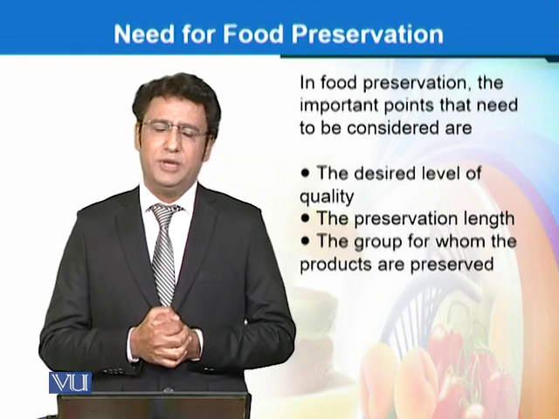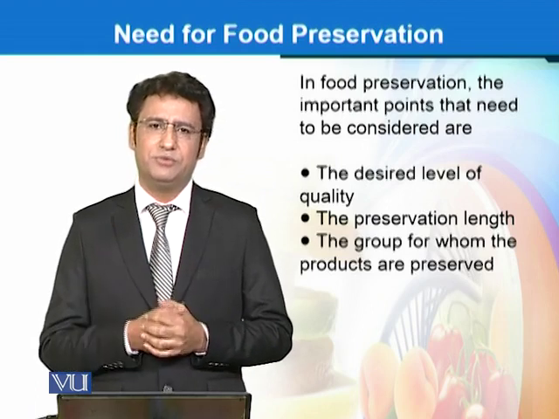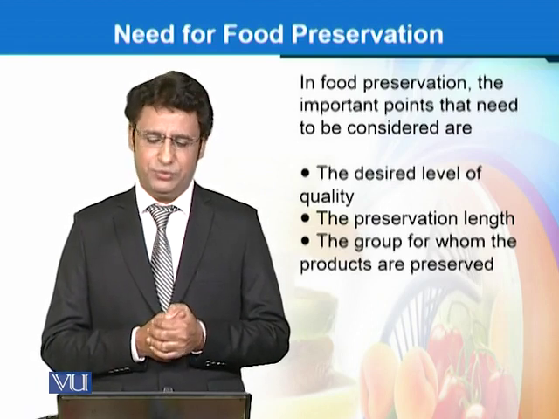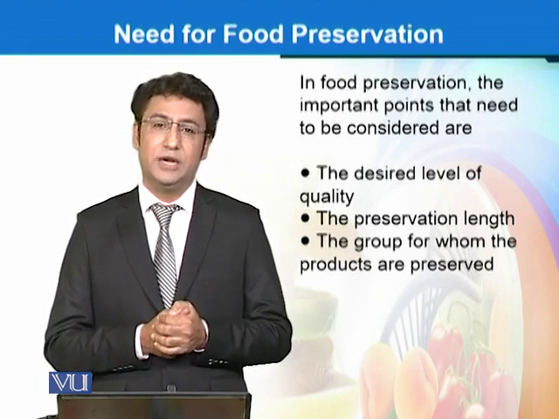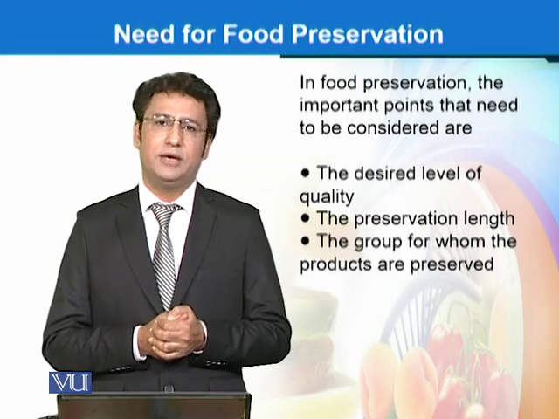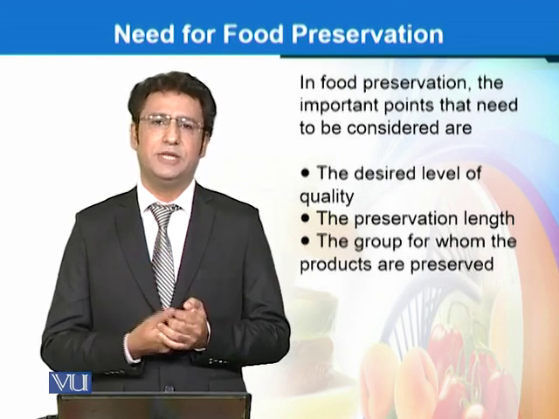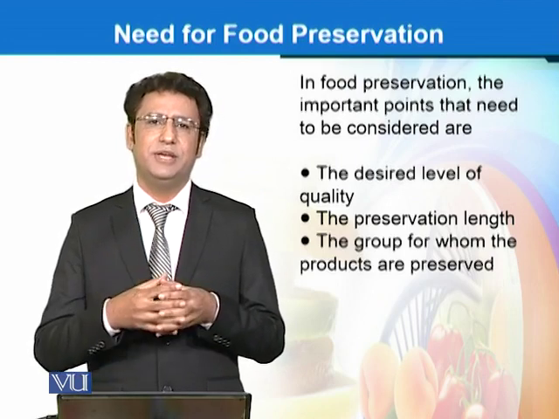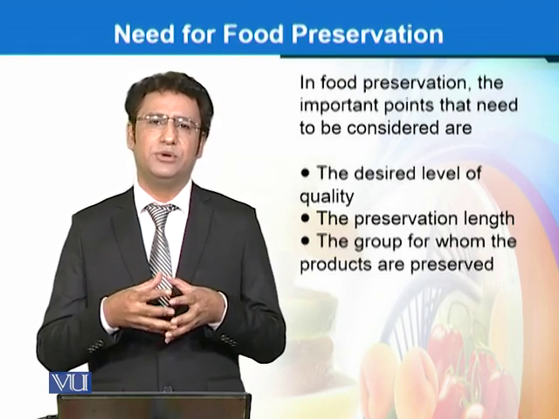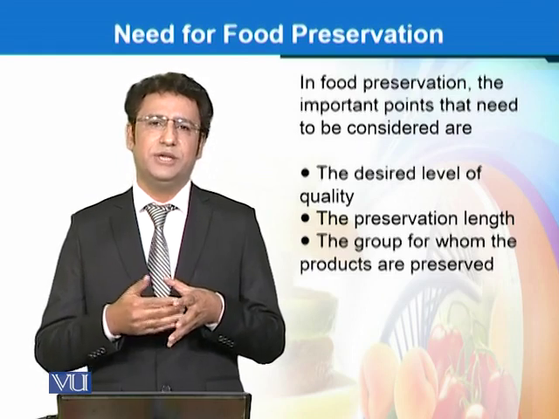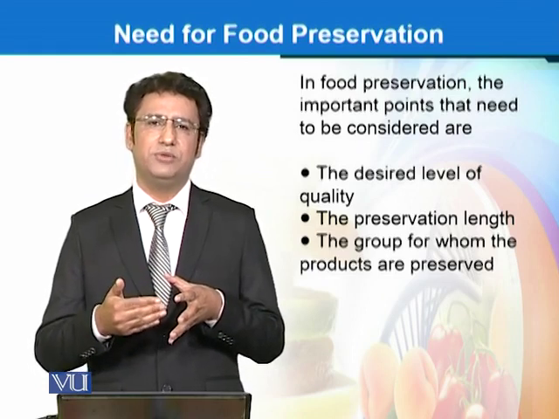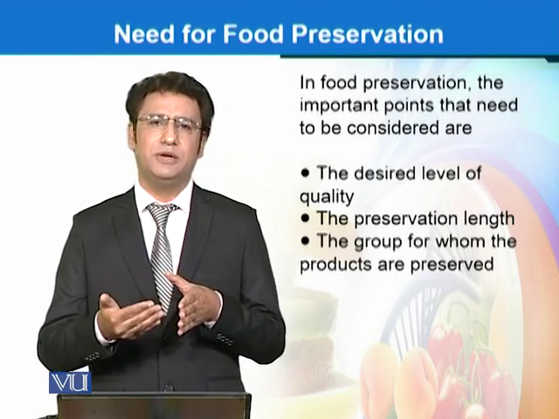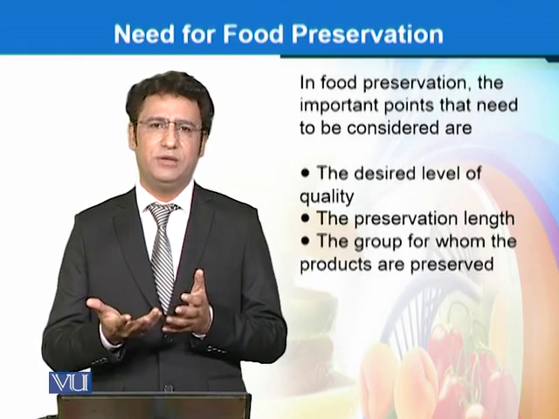Normally, in food preservation there are three factors that we look at. We look at the desired level of quality of food. It is possible that we may lose the quality of food. The food may still be safe, but the quality is not good, so it would not bring you a good price. So we want not only the food to not be spoiled, but the quality of the food must be maintained. For example, the color of any vegetable.